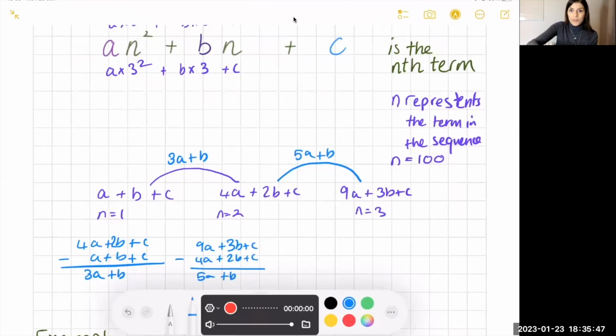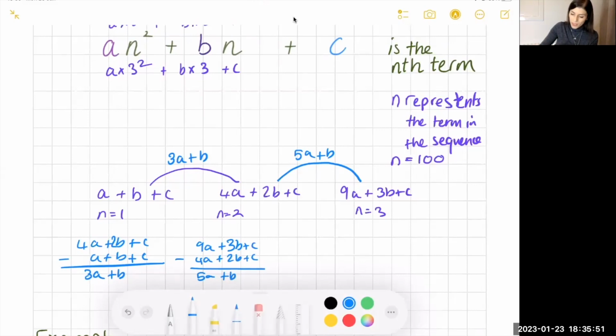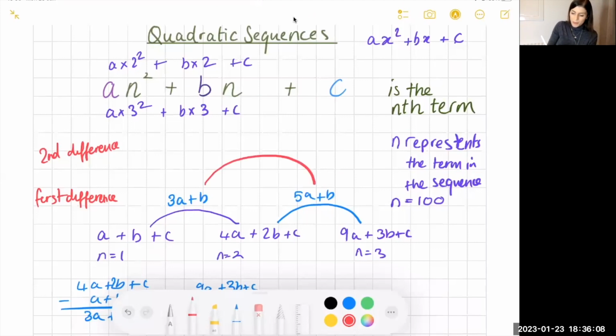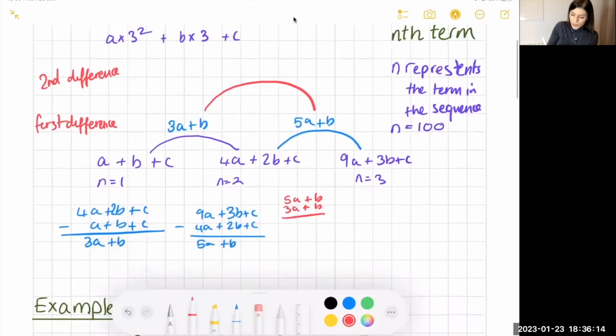This is what we call our first difference. And the second difference should be the same. It's just 5a plus b take away 3a plus b, which gives you 2a.